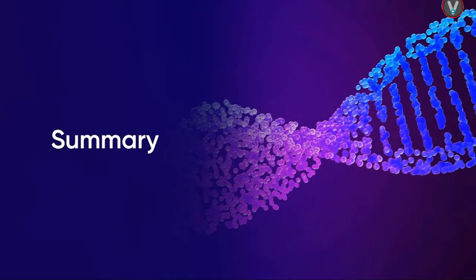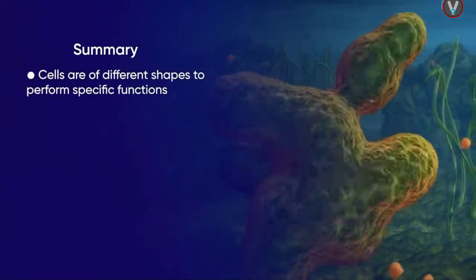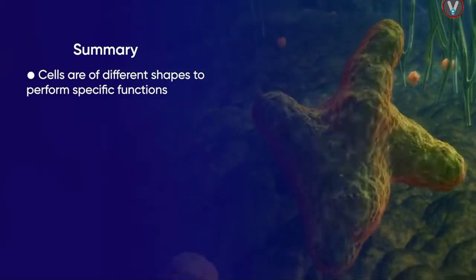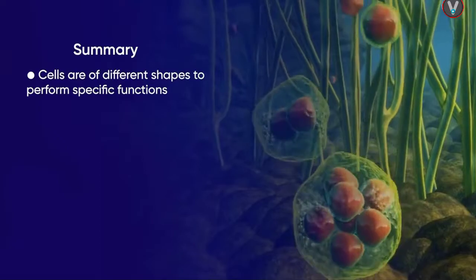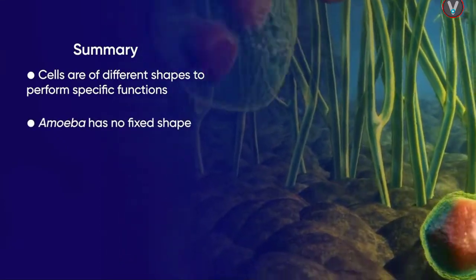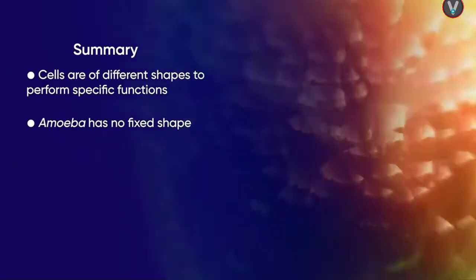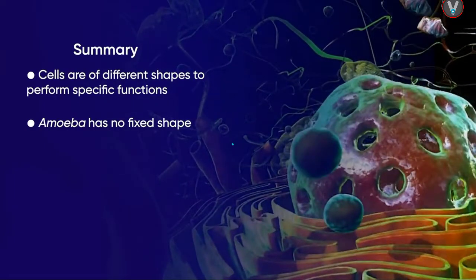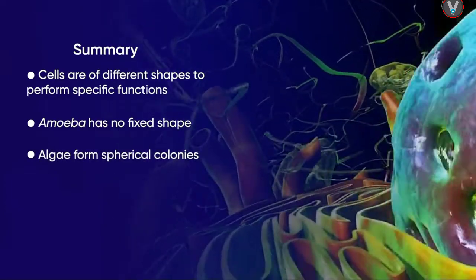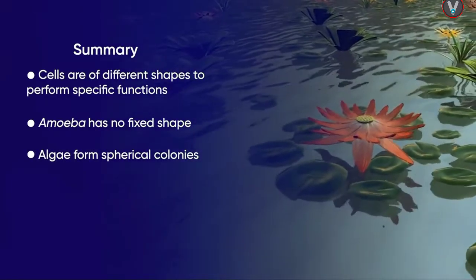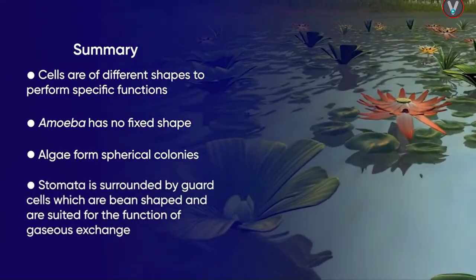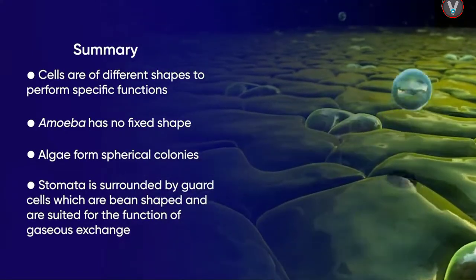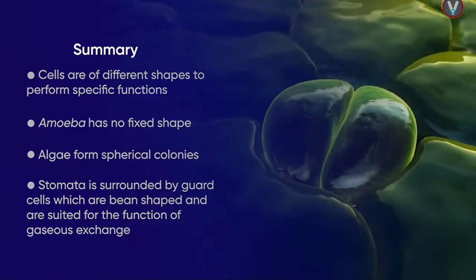A recap will help us remember that each cell has a specific shape which helps it to perform its function efficiently. Amoeba, however, has no fixed shape and size, which helps it in feeding. Algae form spherical colonies. The leaf shows stomata, which is shaped like a bean and is suited for the function of gaseous exchange.